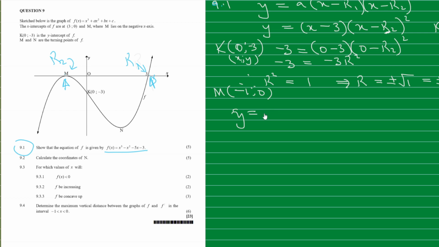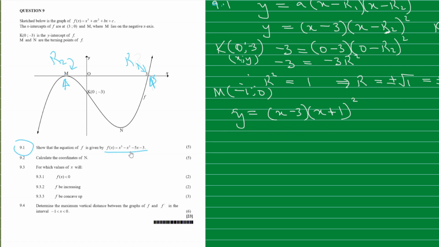So we have y equal to (x - 3)(x - 1), which will give us (x + 1). But remember that one is a repeated root, or a turning point, so we have to square.